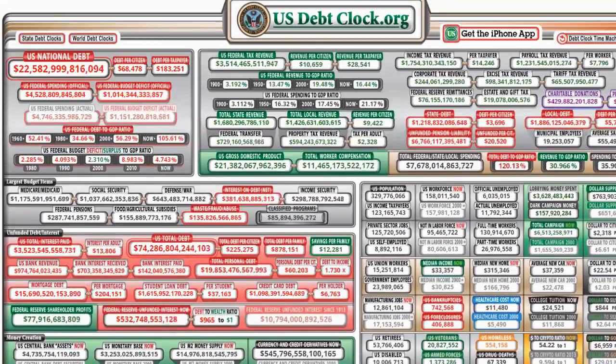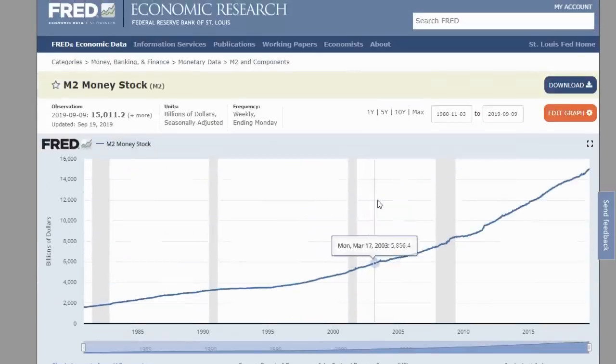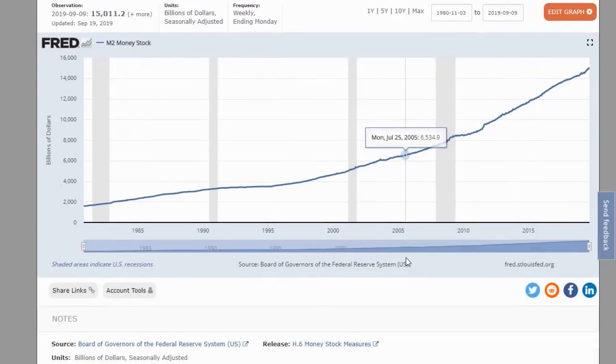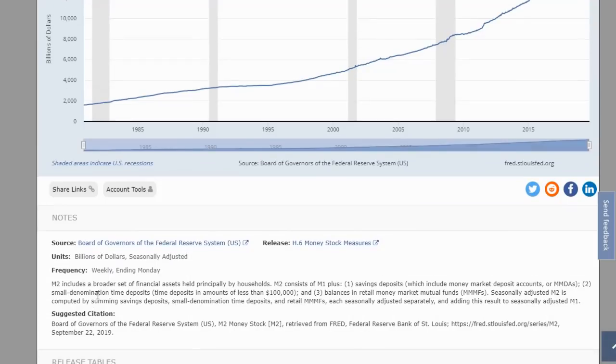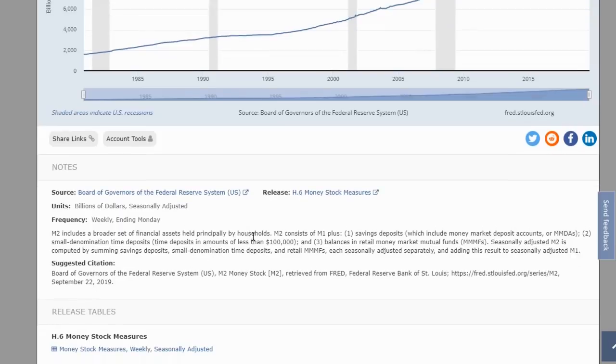this monetary supply here. This is from the Federal Reserve's website, Economic Research, and this is from the Bank of St. Louis, but accumulates it. It tells us how much money, M2 money supply, is being created each year here. Now, what is M2? It includes a broader set of financial assets held principally by households.